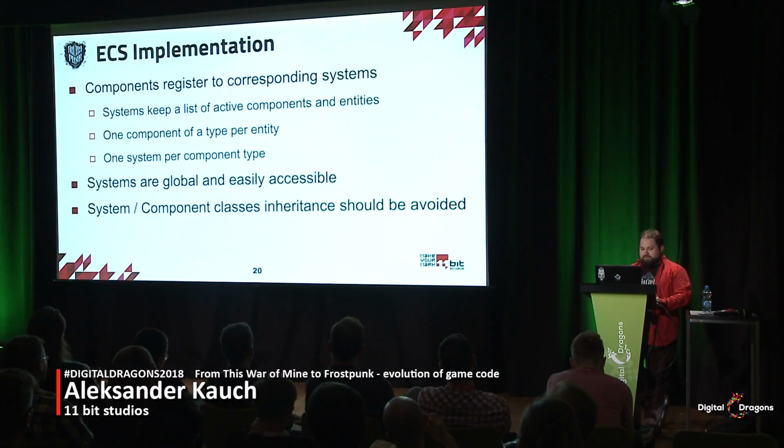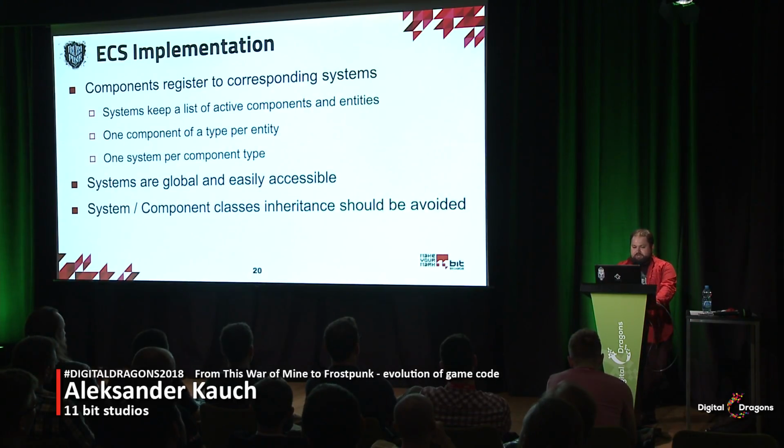In our implementation, we avoided inheritance, so that if two systems or two components seemed similar and had some common part, then we created another component or system to extract that part, and we didn't use class inheritance to deal with that, because we did not want to increase the relationships between components and systems.